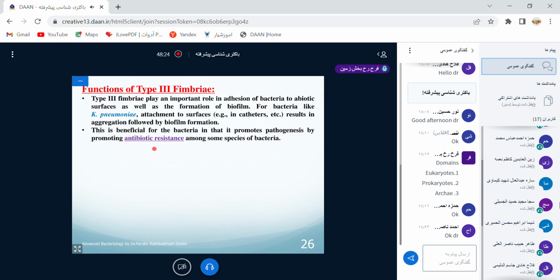Type 3 fimbria play an important role in adhesion of bacteria to abiotic surfaces as well as formation of biofilm. For bacteria like Klebsiella pneumoniae, attachment to surfaces like catheters results in aggregation followed by biofilm formation. This is beneficial for the bacteria in that it promotes pathogenesis by promoting antibiotic resistance among some species of bacteria.